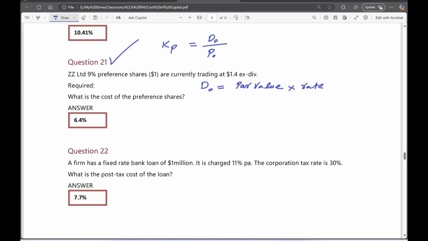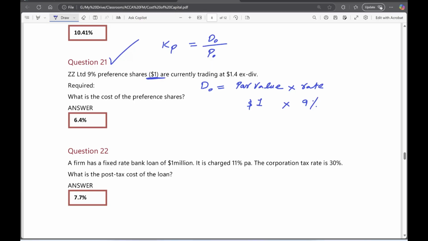And par value for preference share is not always 100. He will specify, maybe $1, maybe $5, maybe 50 cents. So take it very carefully. Look, here he said $1. So that means par value is $1. What is the rate? 9% is the rate.